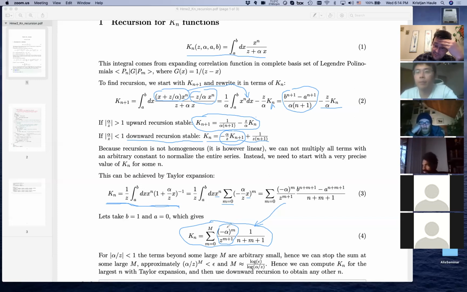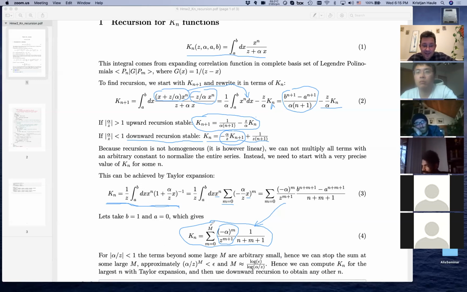So alpha over z is a small number, and we put this to the power of m, and m is also a large number. So we have something much smaller than 1 raised to some large power. That has to go to 0, doesn't it? That's very, very small. So for large enough m, this value should be small, and then we divide by n plus m plus 1, which is also small. So the whole thing should be small.